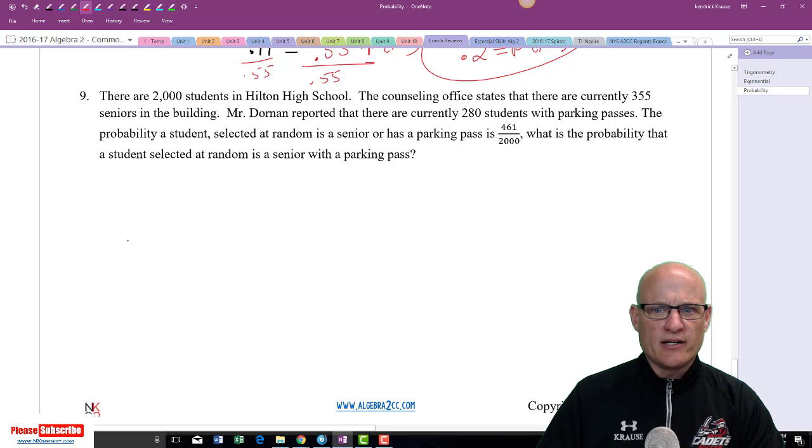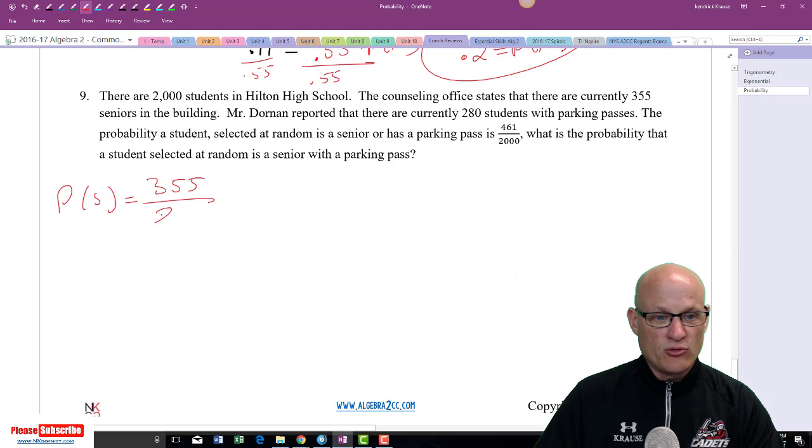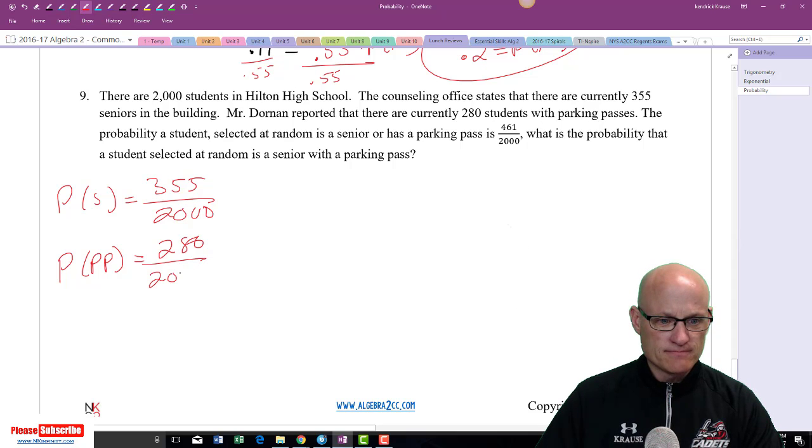Probability, there are currently 355 seniors in our building. So the probability of being a senior is 355 over 2 grand. We got reported that there's 280 parking passes in the building. So the probability of a parking pass is equal to 280 over 2,000.